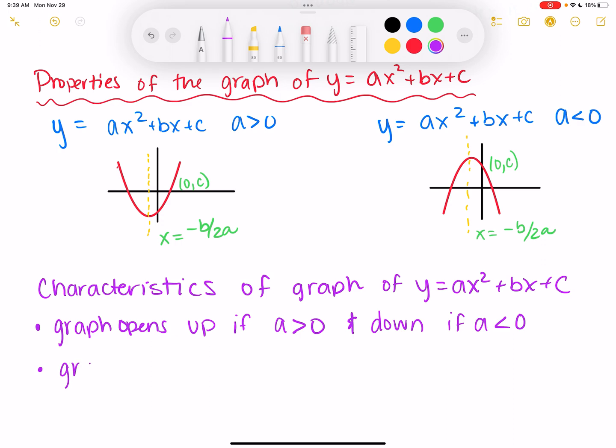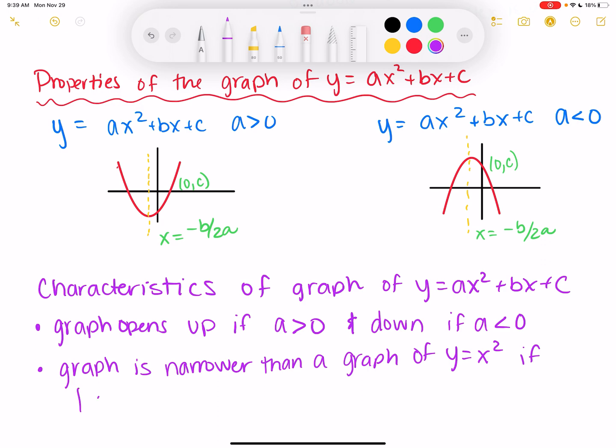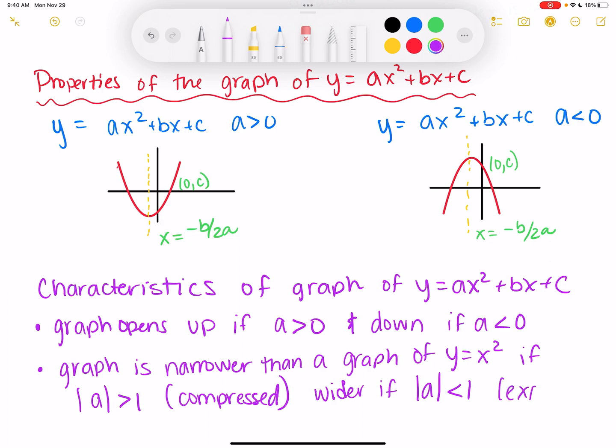The graph is narrower than the graph of y is equal to x squared if the absolute value of a is greater than 1, meaning that it's compressed, and it's wider if the absolute value of a is less than 1, meaning it's expanded.